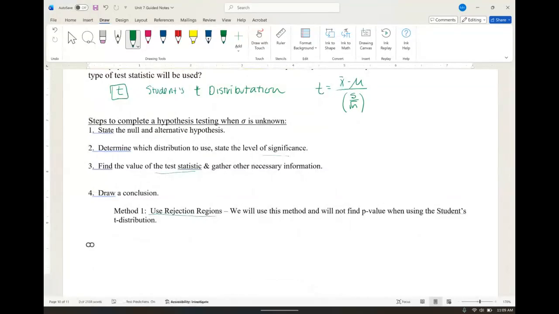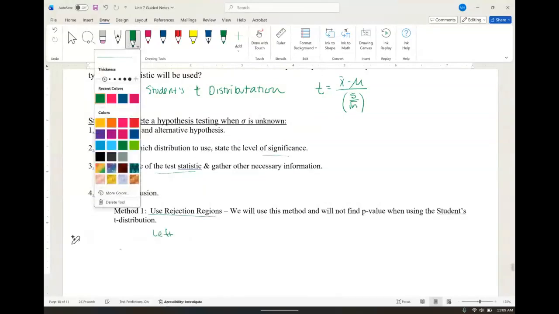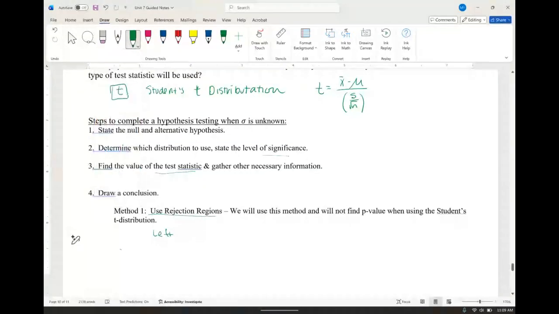One thing about this, if it is a left-tailed test, so if in that alternative hypothesis we have a less than symbol with some value there, we will need to make the critical value negative.